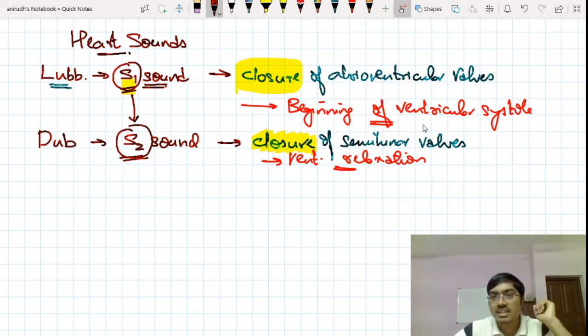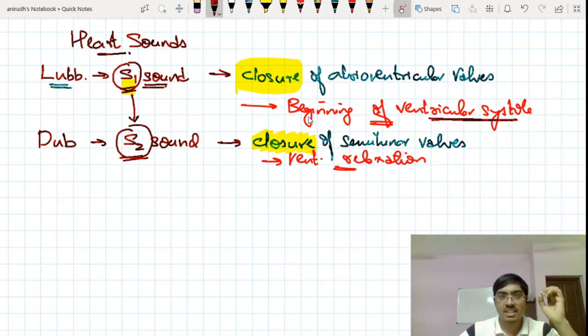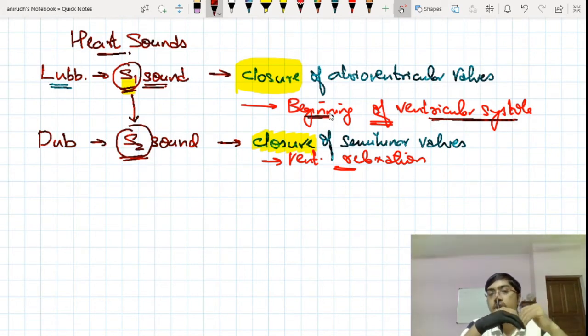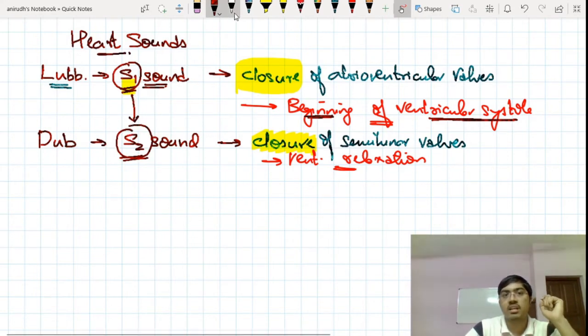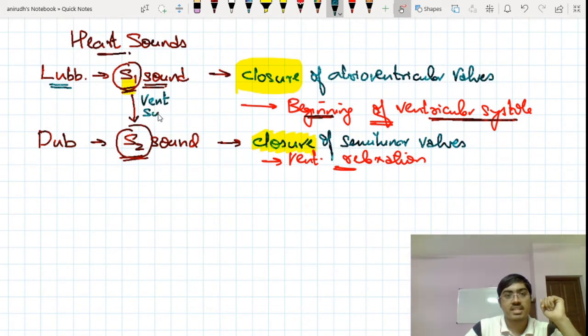The ventricle is contracting after S1. So S1 is at the beginning of ventricular systole, and during this gap between S1 and S2, ventricular systole is taking place.